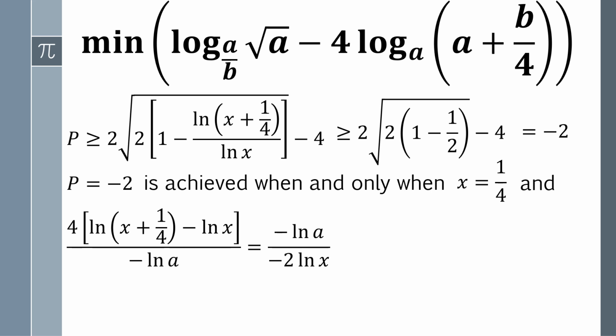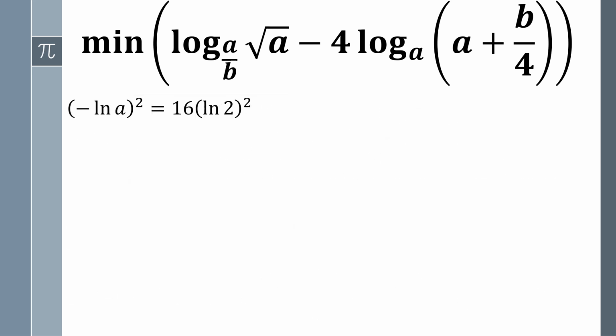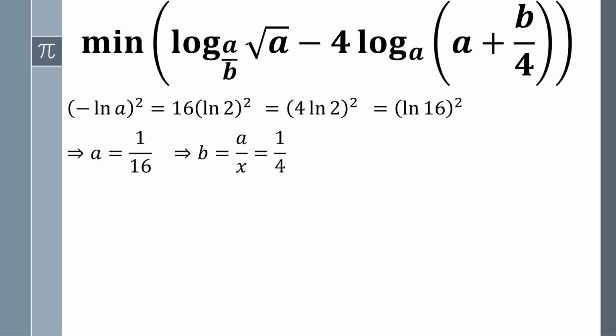And we plug x equal to 1 over 4 into this equation. After a few steps of manipulation, we get the value of a, which equals 1/16. And the value of b can be further calculated, which equals 1 over 4.